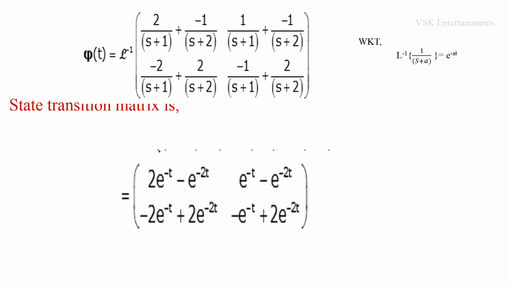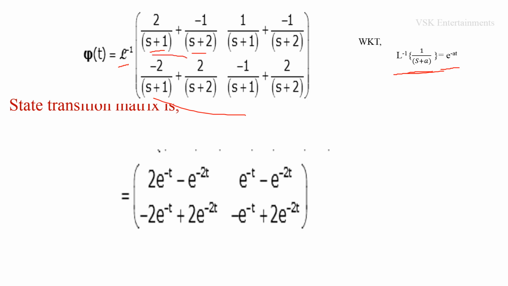If we observe each and every factor, those factors are applicable for the inverse Laplace transform. That is, we know the inverse Laplace transform of 1 by s plus a is equal to e power minus at. Apply the same formula here to these factors.